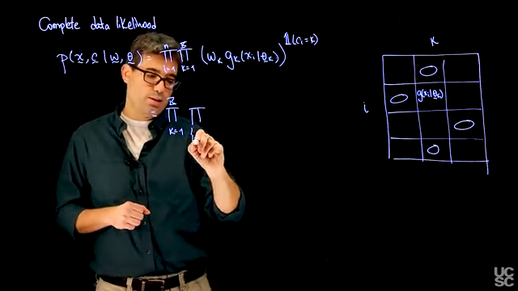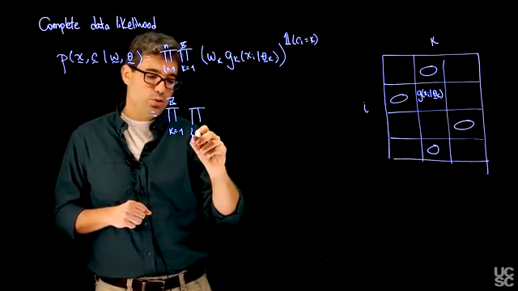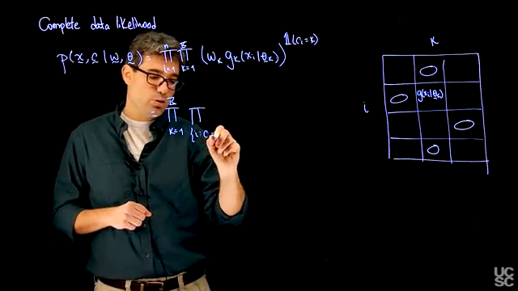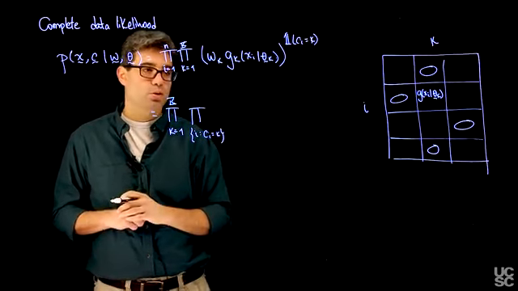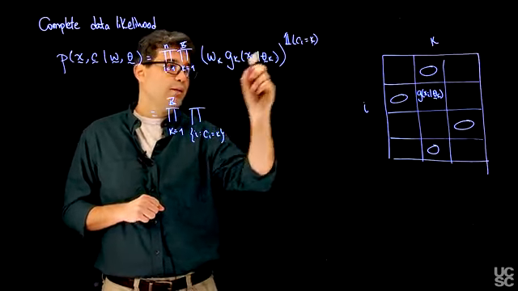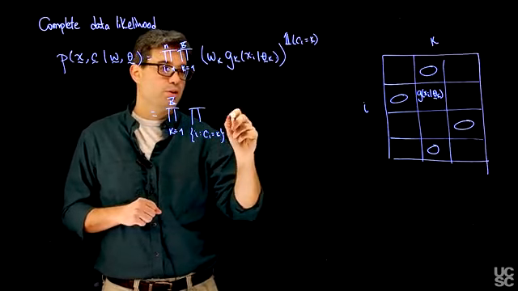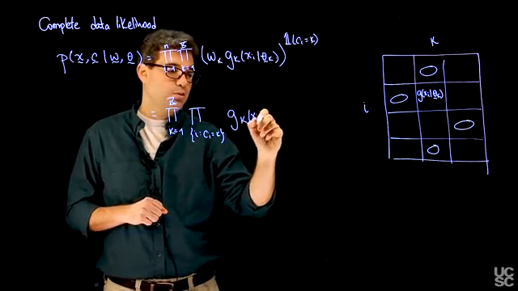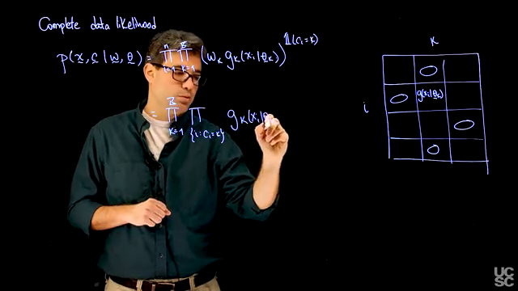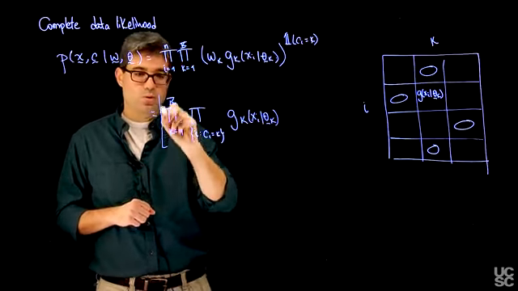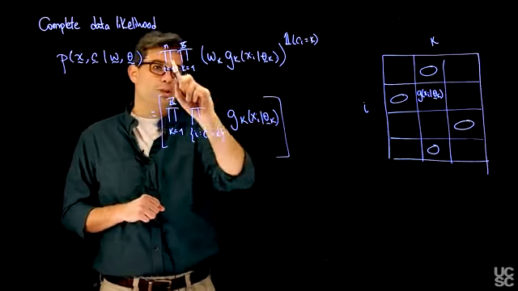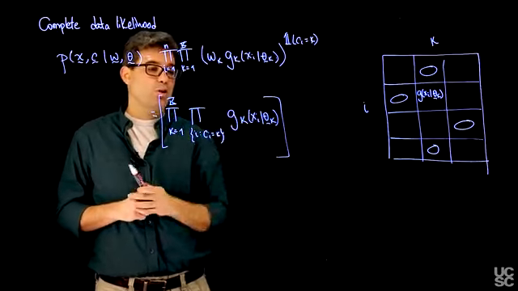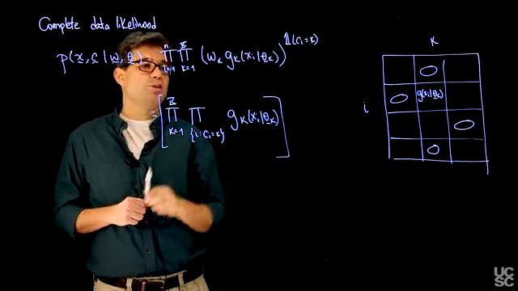One way to write that mathematically is to say that we're going to do a product over the i's, but group together according to the value of k. And then we can get rid of the indicator in the numerator and write this as g_k of x_i given theta_k. So this is one piece of this expression up here, or one way to rewrite this expression up here, or one piece of it, that involves the g_k's.